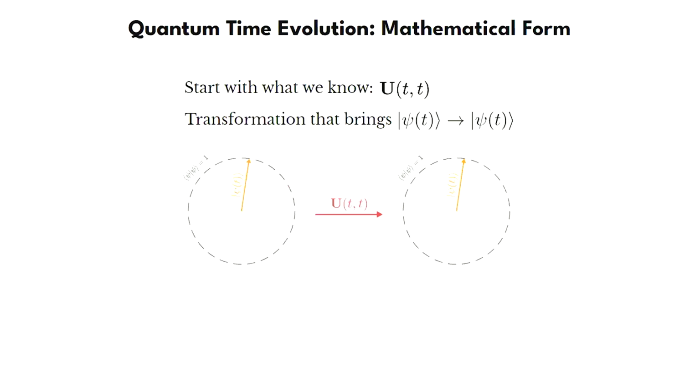Let's say we have the transformation that brings the state psi(t) to psi(t). They are the same instance, so this corresponds to the transformation that does nothing. Do you know what matrix, when applied onto a vector, gives the same vector itself? Exactly. It's the identity matrix. So the identity matrix is actually also a unitary matrix.